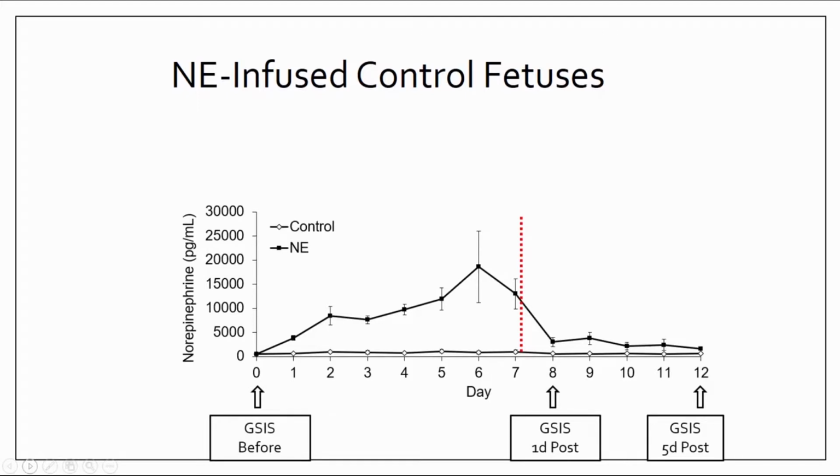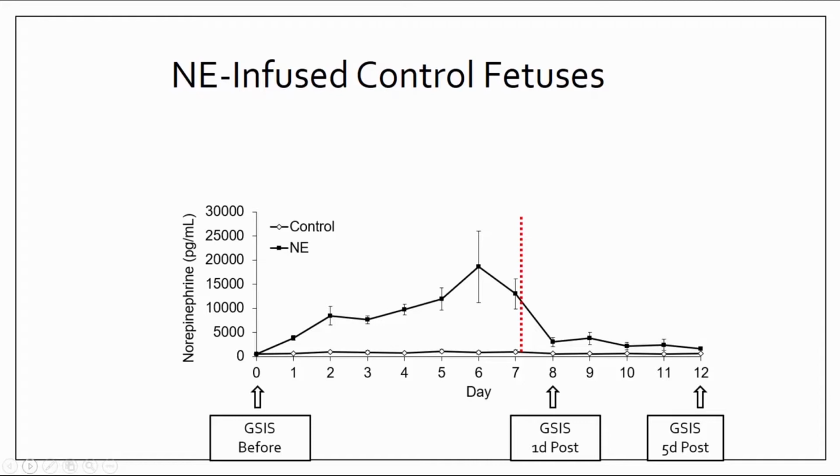The other aspect of this is, of course, if you inhibit insulin secretion, glucose concentrations increase. So we infused insulin into the mother, which does not cross the placenta, to help maintain euglycemia in these fetuses. This just shows you the treatment going on during that norepinephrine infusion.